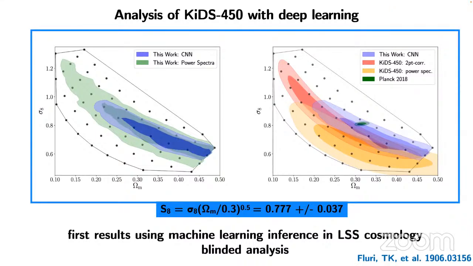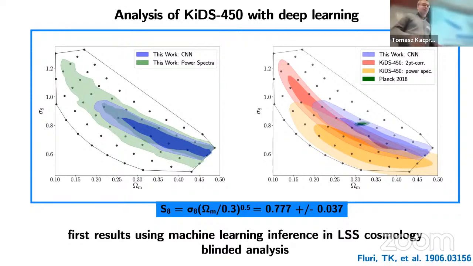Sorry, Thomas, one question. Yes. What is the difference between the left and right? Right. So the left one is purely our work: the convolutional neural net from our own implementation, and power spectra, our own implementation, on the same exact data.